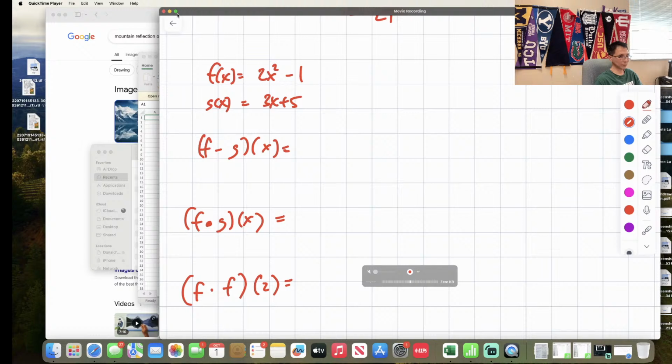The last one is f dot f. I can have the same function times the same function. And I can write down another function called h of x.